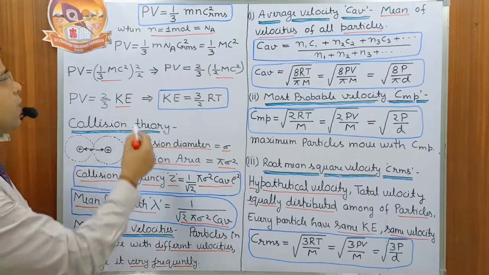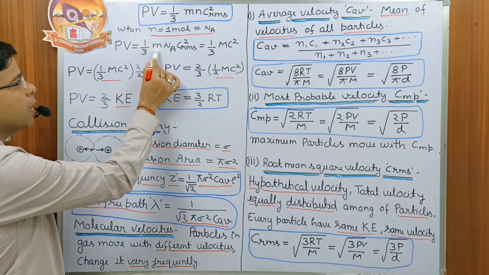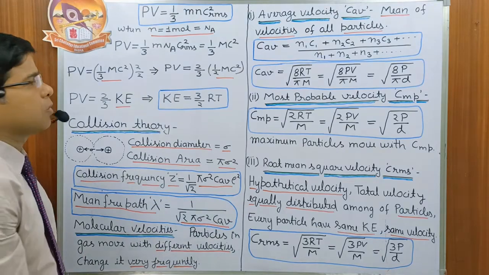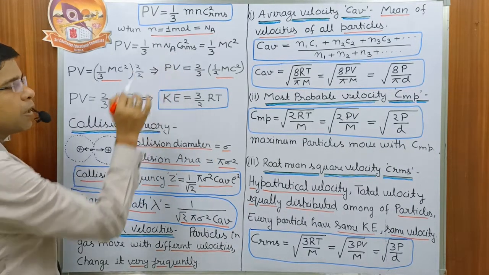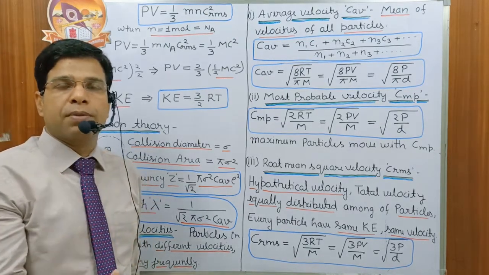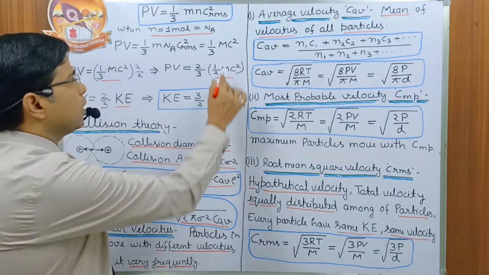So we can write 1/3 times m, the mass of one particle, into N_A, the number of particles. So 1 mole times the mass of one particle becomes the mass of 1 mole of the substance, and the mass of 1 mole of a substance or gas is called the molar mass.